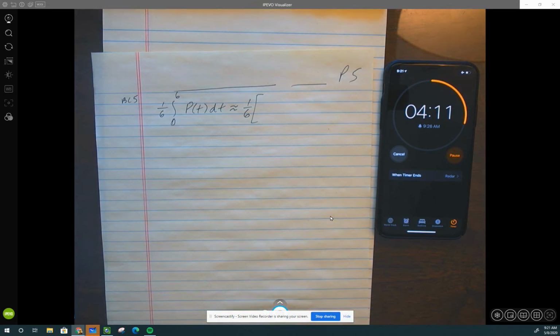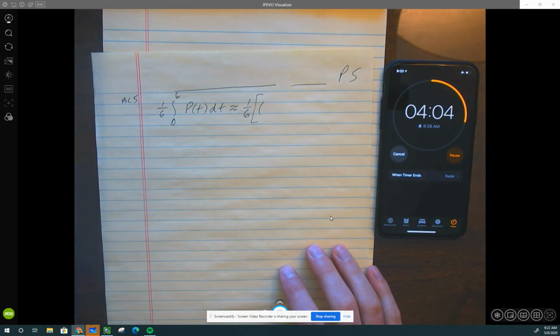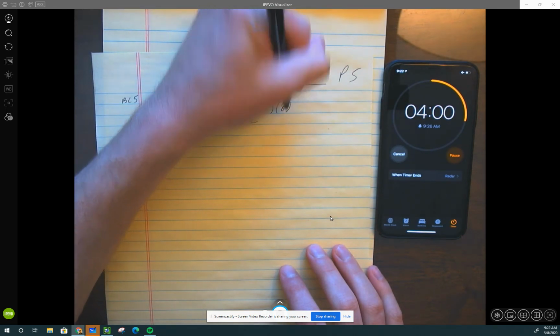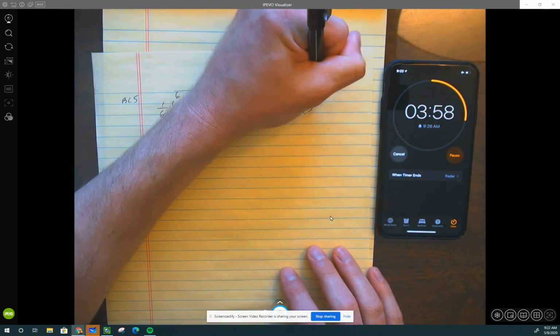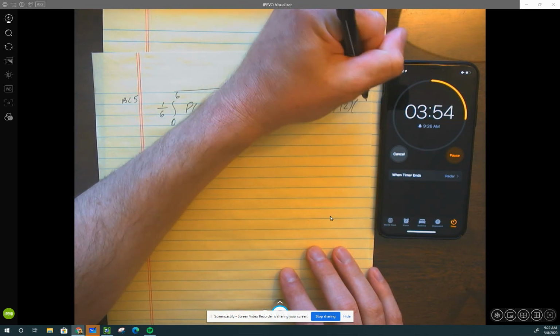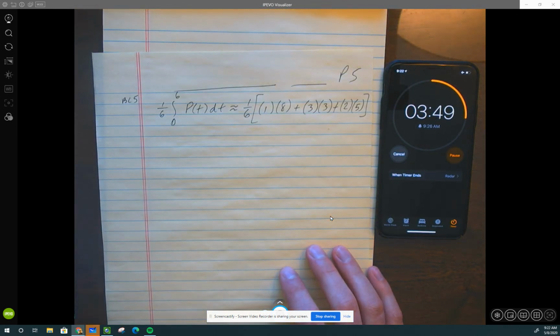It's a left Riemann sum, I think. Yep. So I'm going to do base times height plus base times height plus base times height. I'm going to take the left side of the interval. First one, base is 1. Height left side is 8. Plus base 3, height left side 3. Plus base 2, height left side 5. Got it. Done.